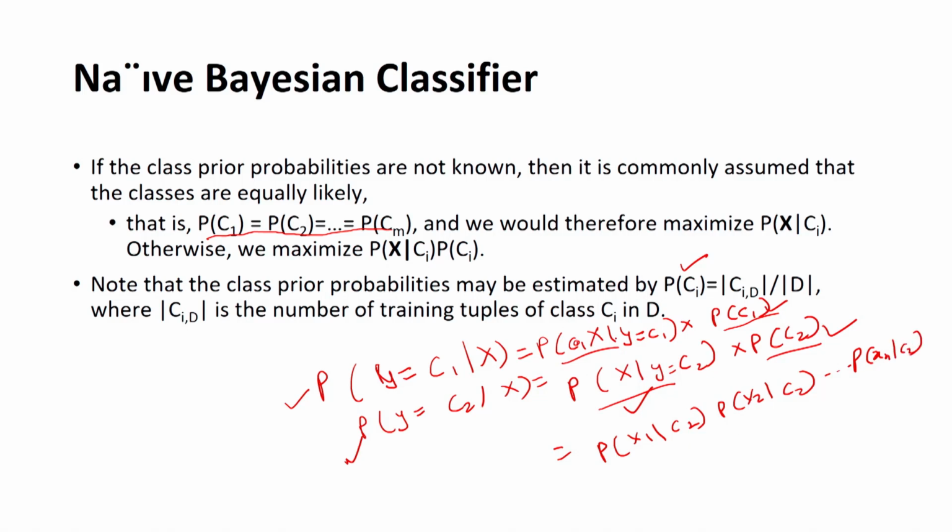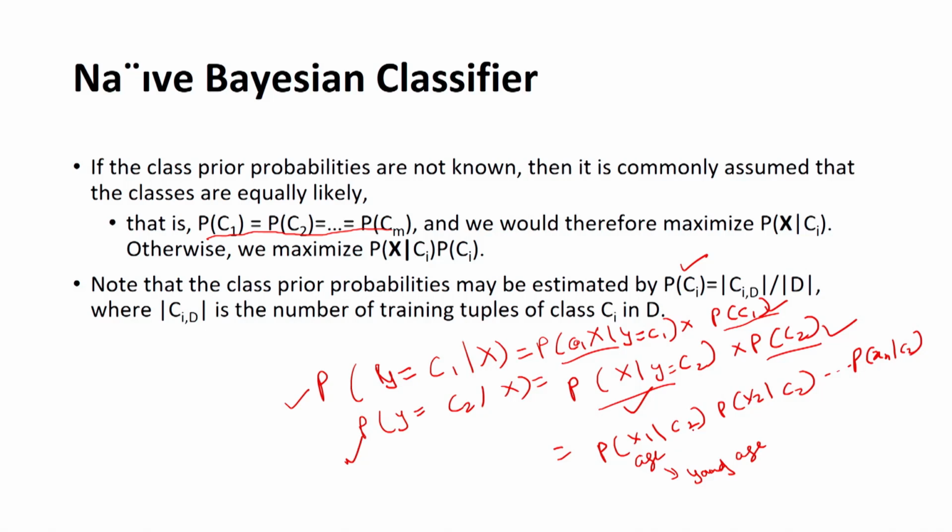In the same way we can define this also. Now, how can we calculate probability of x1 given C2? Suppose x1 is some age, and this age is, suppose, young age.